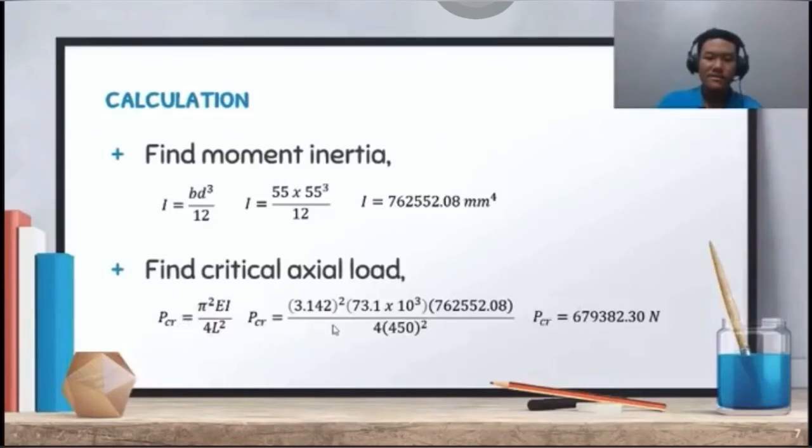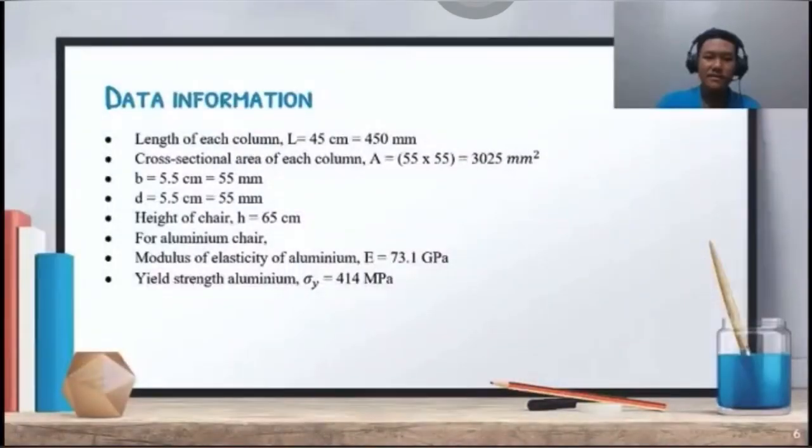Now we need to find the critical axial load of the column using this formula. We insert the value of pi, E equal to 73.1 gigapascal from the data we got before, and the inertia, divided by 4 times L squared.